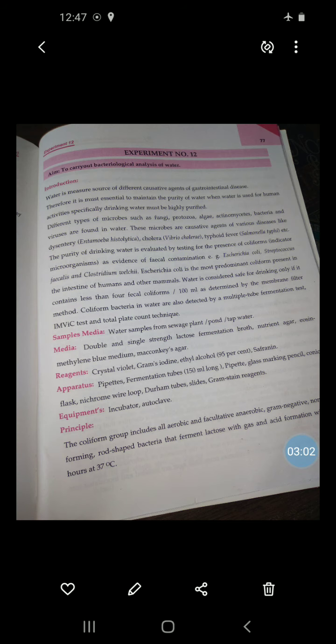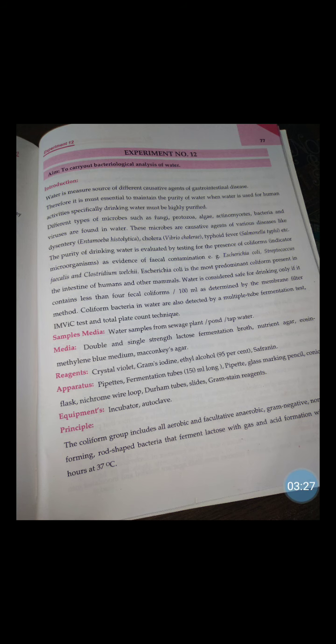Reagents used for this practical are crystal violet, gram's iodine, ethyl alcohol and safranin. Apparatus: pipette, fermentation tube, glass marking pencil, conical flask, nichrome wire loop, Durham tubes, slides and gram stain reagents. The equipment required are an incubator and an autoclave.